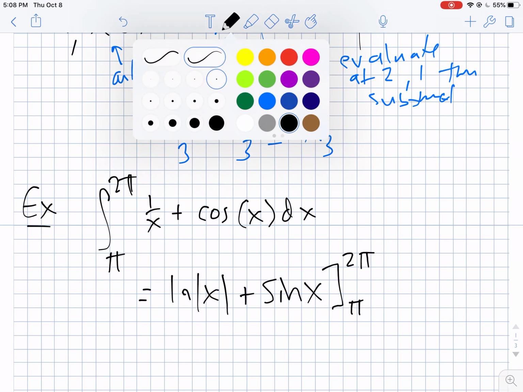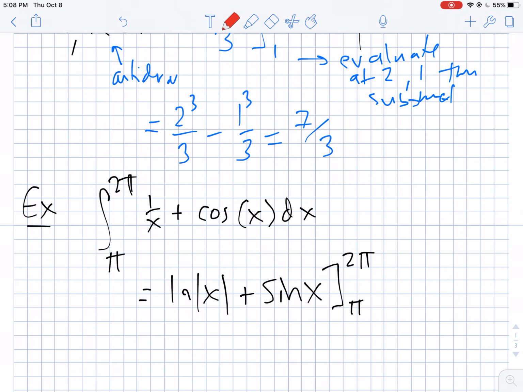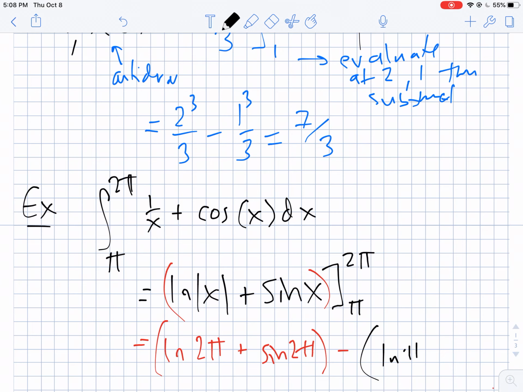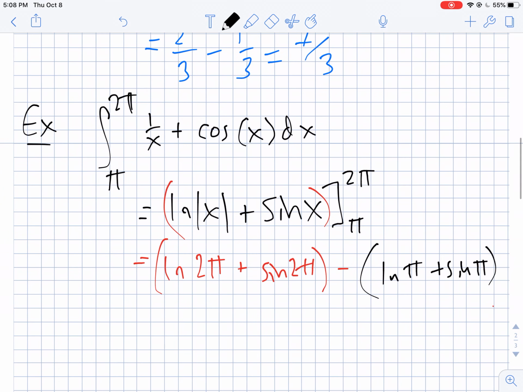One thing I'll do when I have two things added like this is plug in the first one in parentheses, so that's ln of 2 pi, and I can drop the absolute value there because it's positive, plus the sine of 2 pi. Then minus, in parentheses, I plug in the bottom bound, ln of pi plus the sine of pi, and I'm subtracting that whole thing. The sine of 2 pi is just 0, and the sine of pi is 0 too.